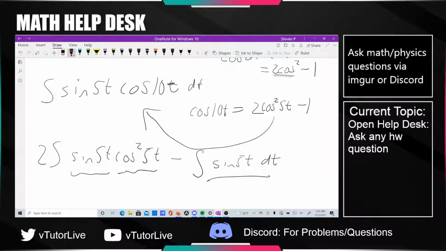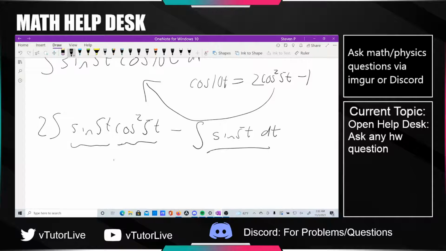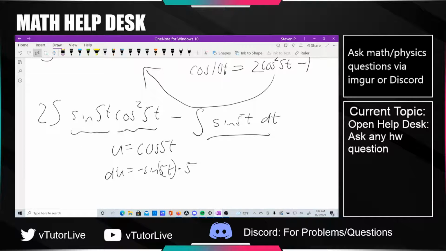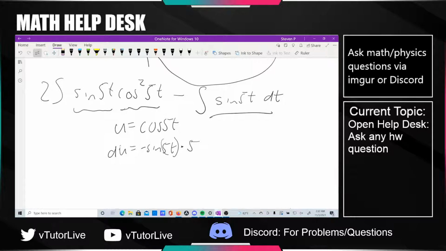These are both perfectly beautiful integrals, right? This one, you just let u equal cosine 5t. Du is equal to minus sine 5t times 5 because of chain rule. And then the integral is beautiful.